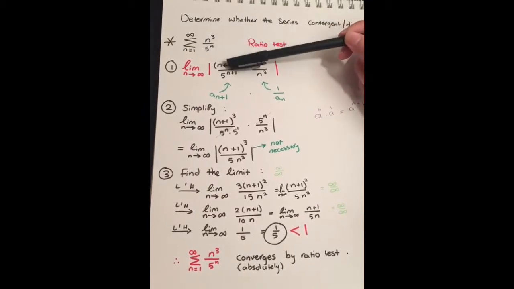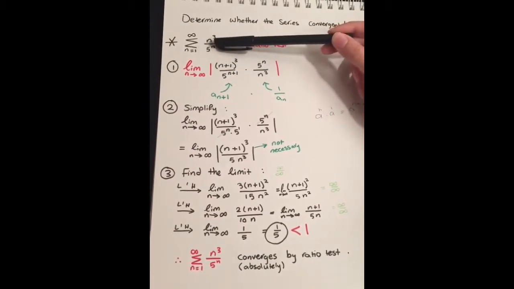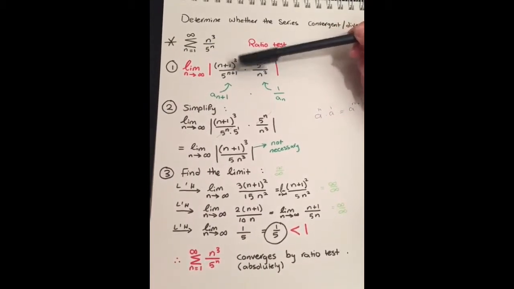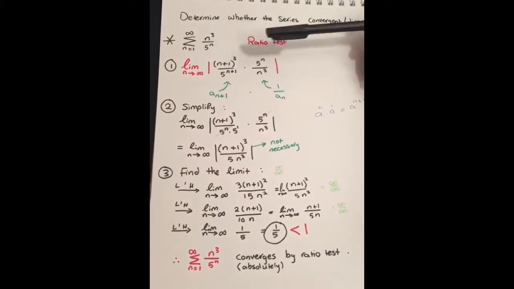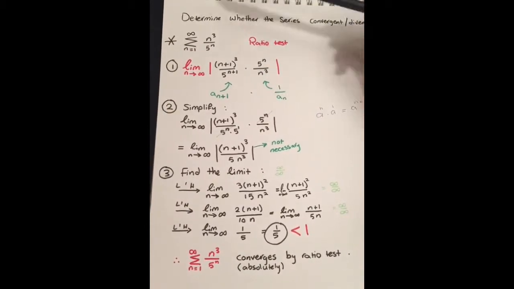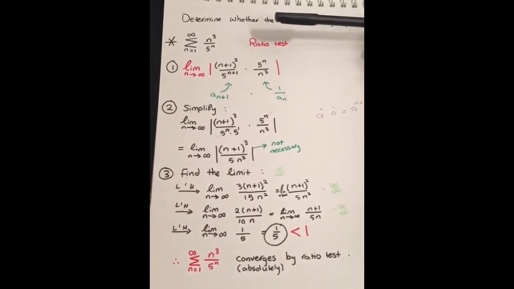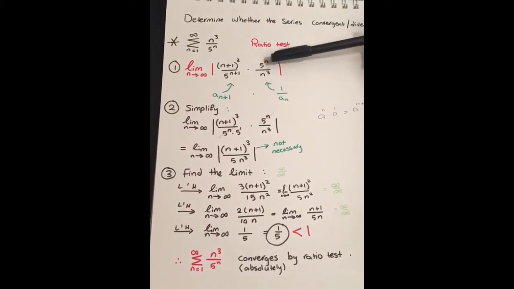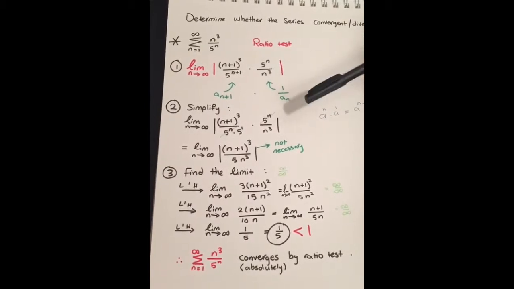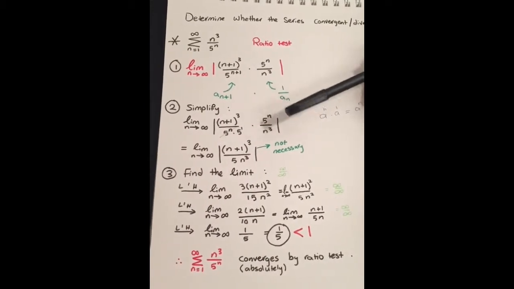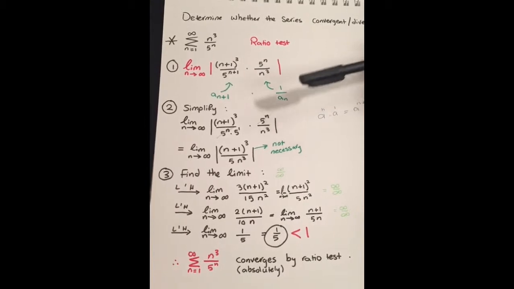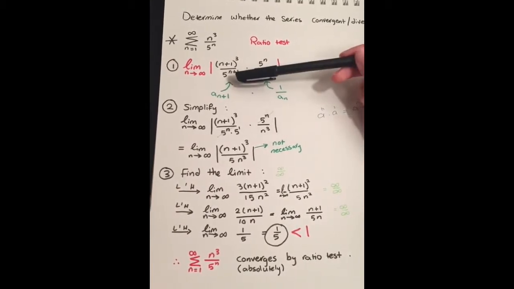So we will have (n+1) to the third over 5 to the n+1, times 1 over a_n, so 1 over the function, and then we need to flip it, so we'll get 5 to the n over n cubed.